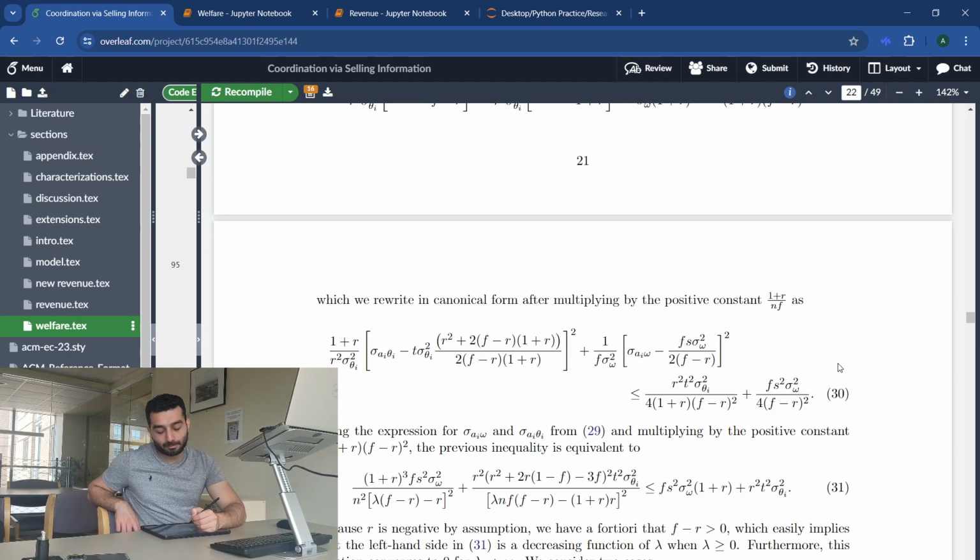Right? And we want to say so the derivative of payment stays the same.